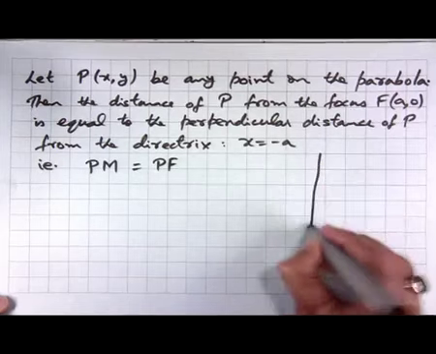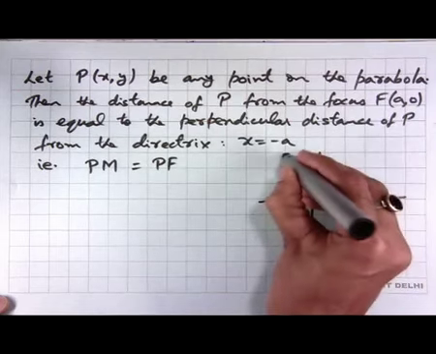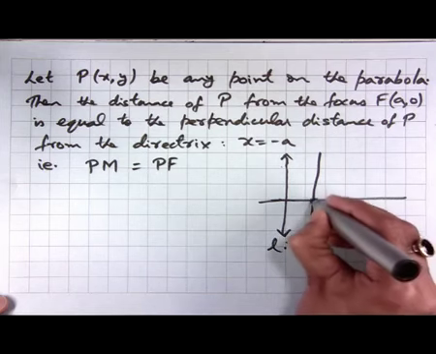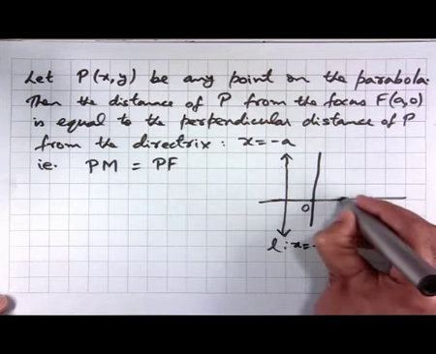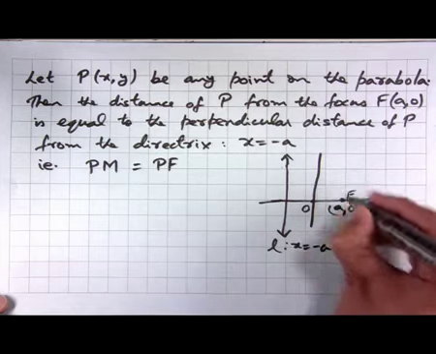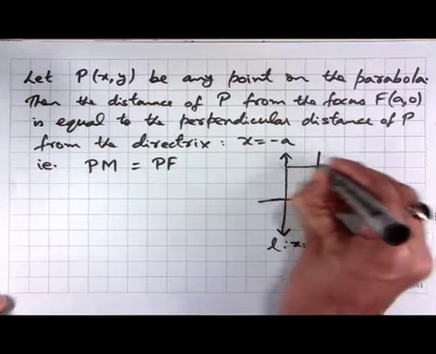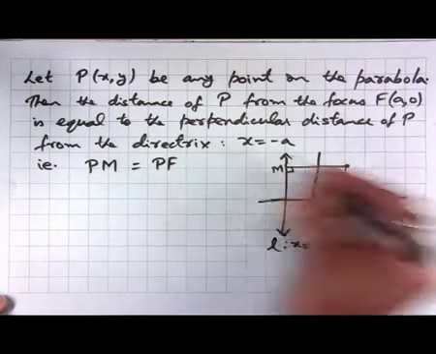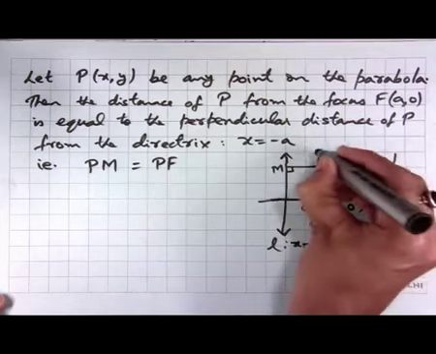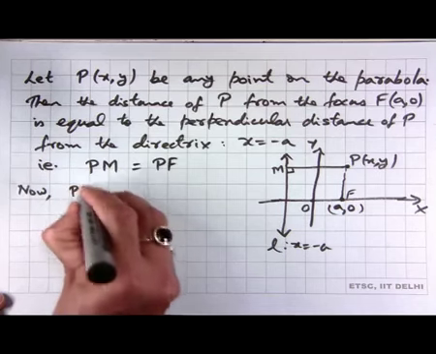Let me draw this figure again. This is the directrix x equal to minus a, and focus is at a comma 0. Now, any point P. Now, what is the perpendicular distance P M?